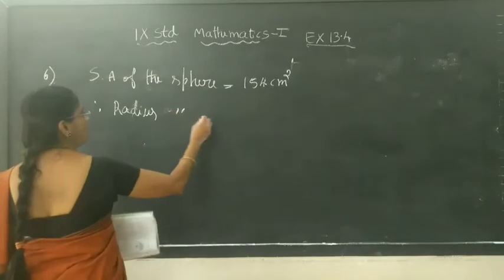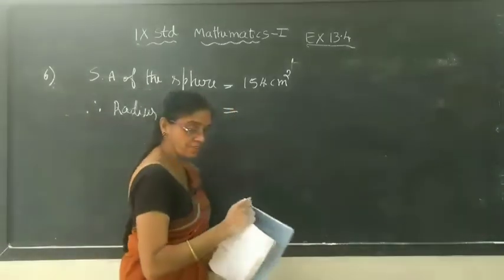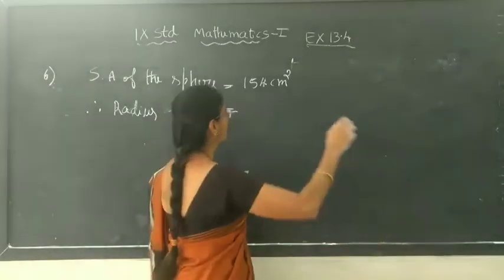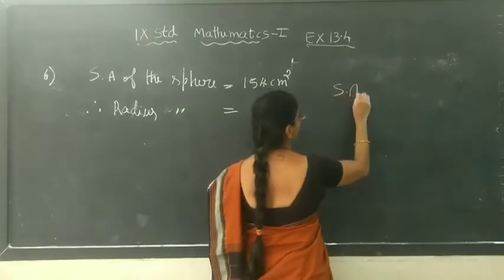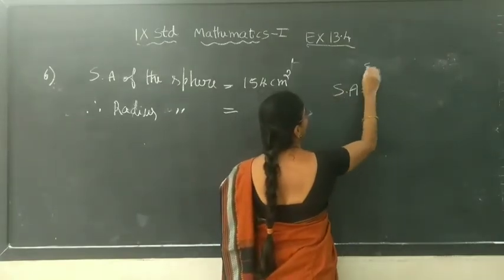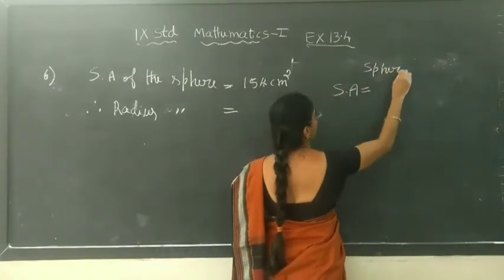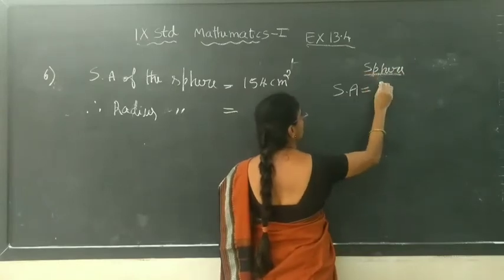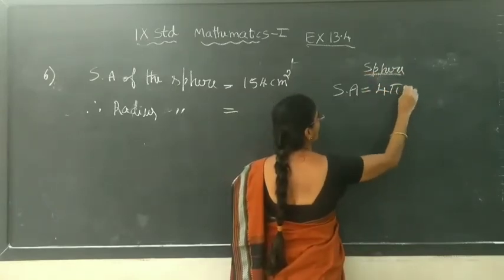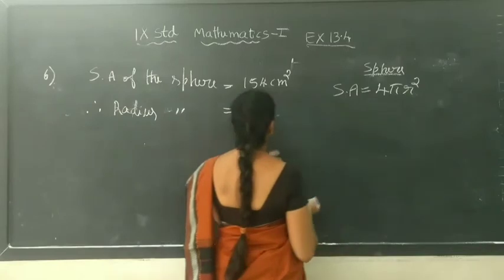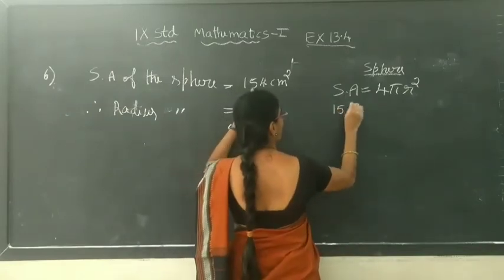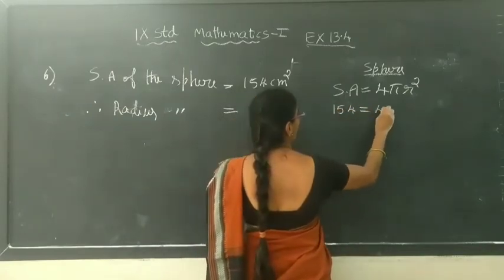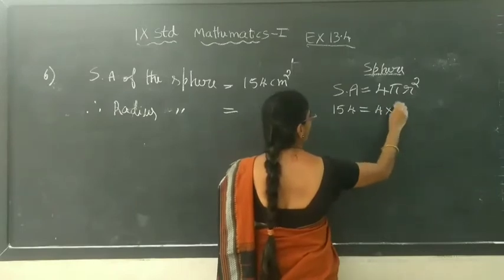What is the formula? Surface area of the sphere. Here we have to use the formula for a sphere. So surface area is equal to 4 pi r square. Here surface area is given, 154 is equal to 4 pi.